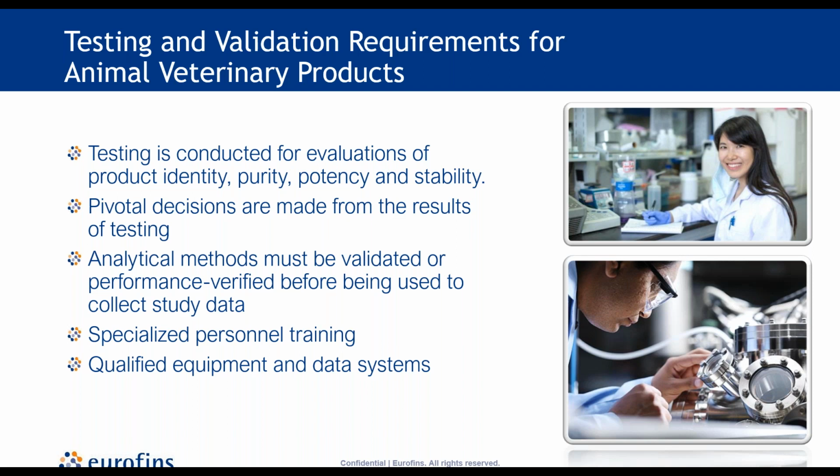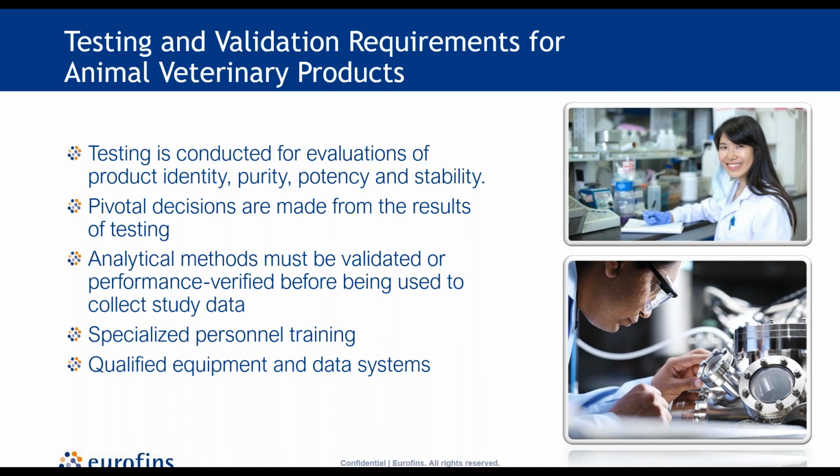Analytical method validation involves testing of the reliability and accuracy of the method that's used to assess the product characteristics. Adherence to these requirements is essential in protecting animal health and welfare, as well as ensuring the safety of the individuals who handle the products.